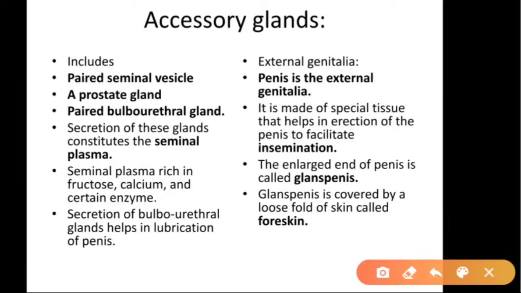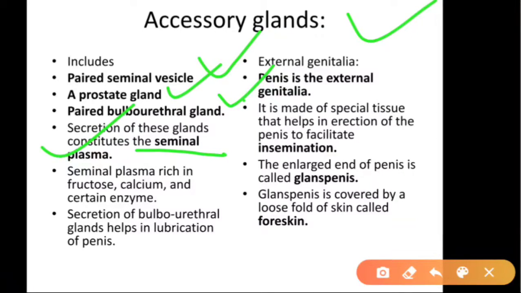Now the accessory glands. These glands include a pair of seminal vesicles, the prostate gland, and one pair of bulbourethral glands, right? Three types of gland: seminal vesicle, prostate gland, bulbourethral glands. Secretion of these glands produces seminal plasma, and this seminal plasma plays a very important role in the survival of the sperm.